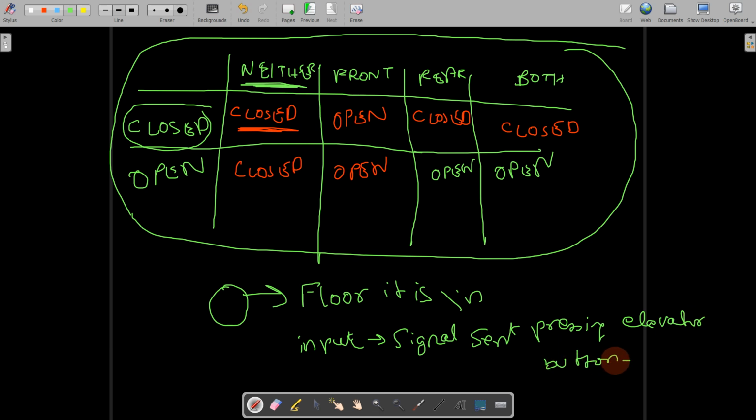But this controller will require more than one bit to represent all the unique floors it is on, right? And based on the input, or the button you press inside the elevator, it might go to another state, the next floor, right?